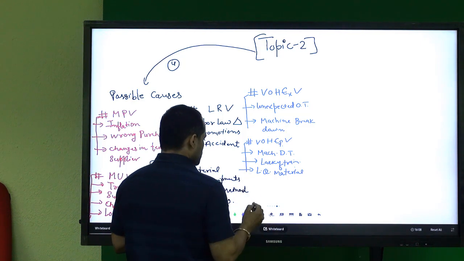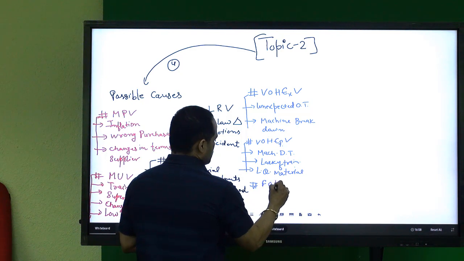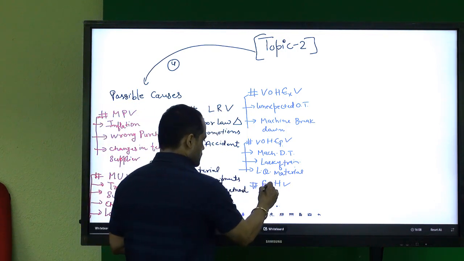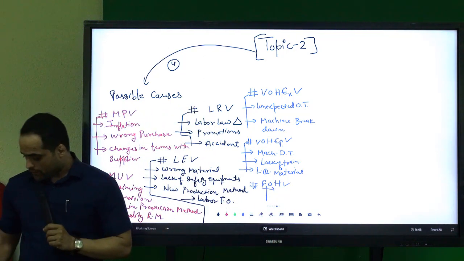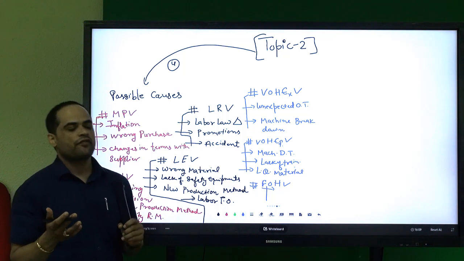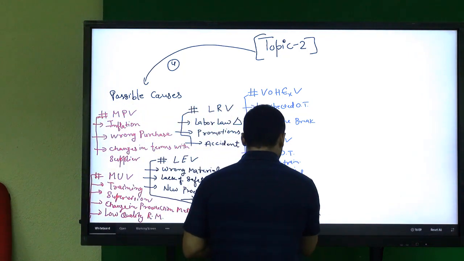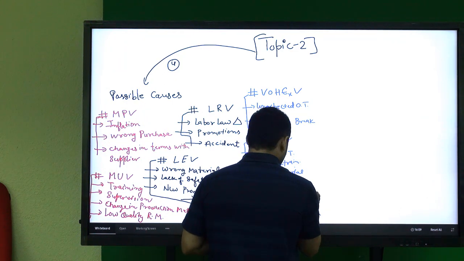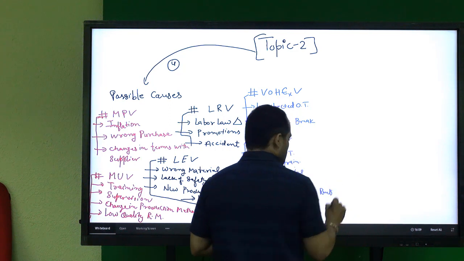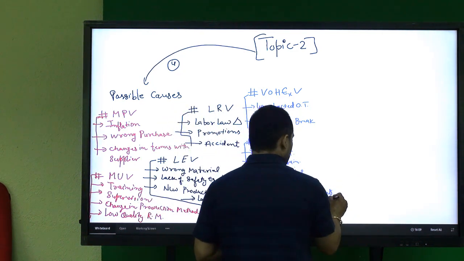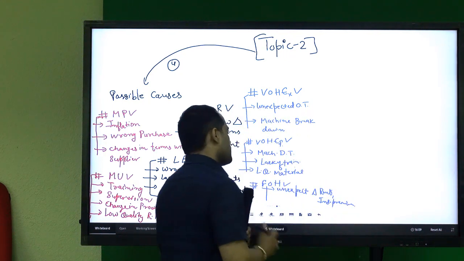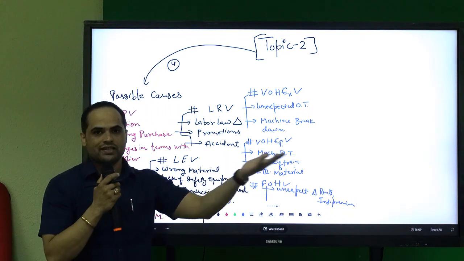Next is fixed overhead variance. Any kinds of unexpected changes in fixed overhead costs, like factory rent or insurance premium, paying for insurance payments or installments.